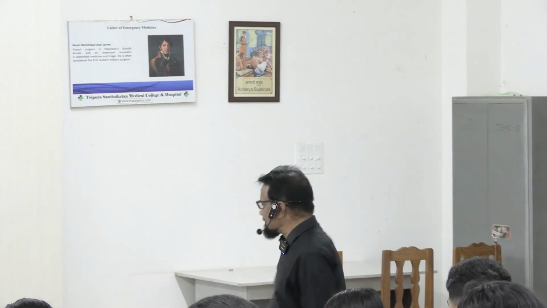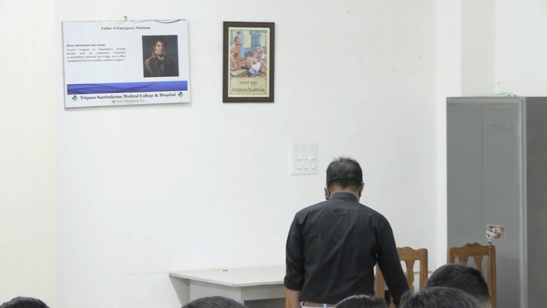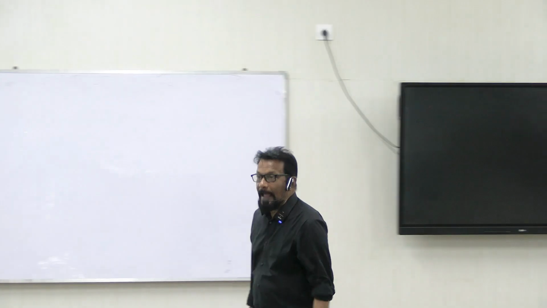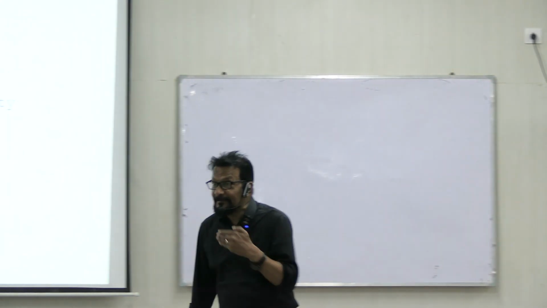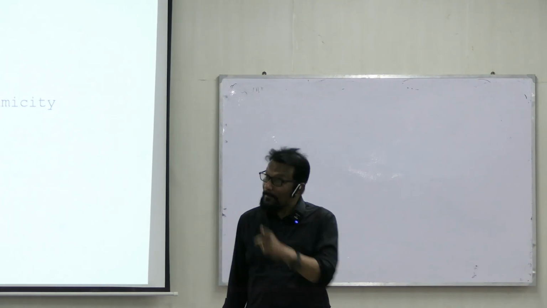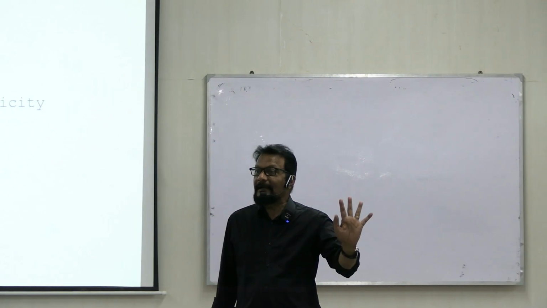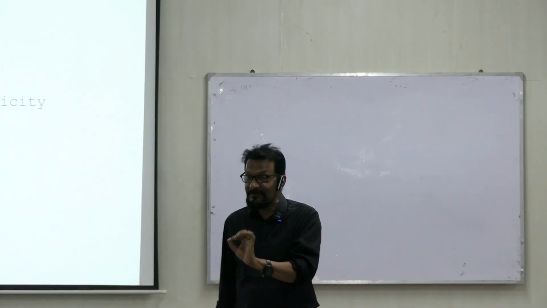The slow type of action potential you will find only in pacemaker cells. What are these pacemaker cells? SA node, AV node and bundle of His. They are the pacemaker cells. These cells are capable of producing slow action potential. But other cardiac muscles, the working cardiac muscles, cannot produce slow action potential.